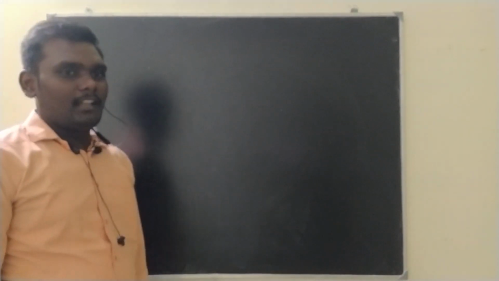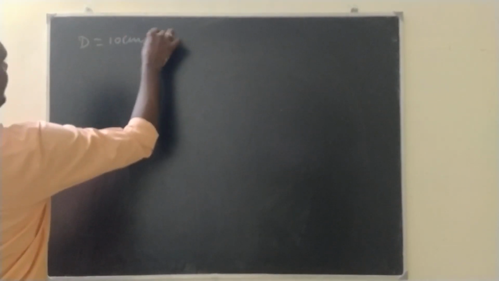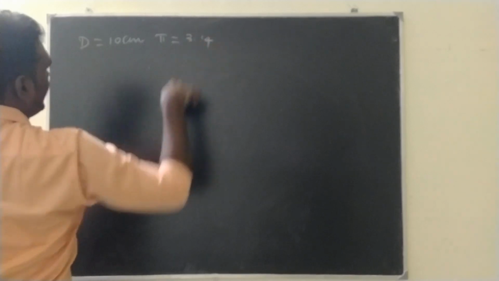Try doing it. Now, without all this unwanted talk, we'll get back to the question. The diameter of the circle is 10 centimeter. Pi can be taken as 3.14.